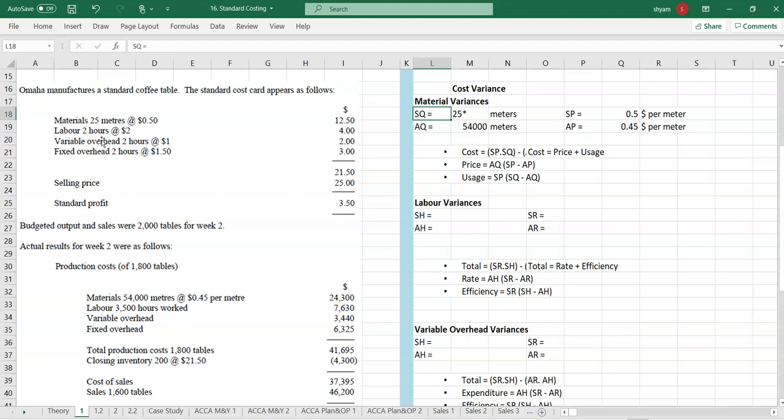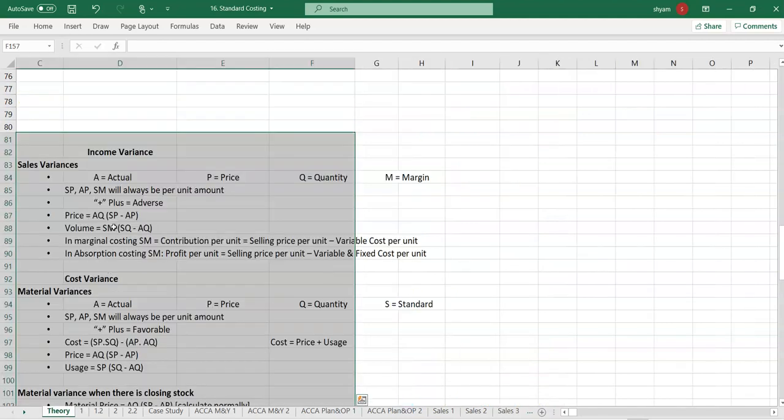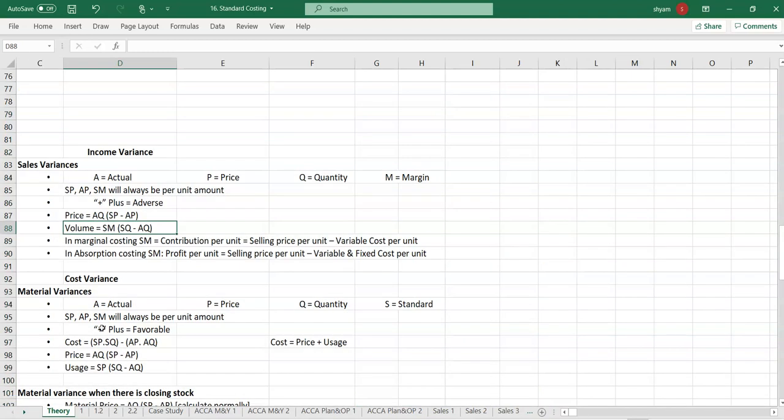You have to multiply the standard per unit into the actual quantity. Then only it becomes the flexible budgeting. So multiply the standard quantity per unit into the total actual products produced, that is 1800 tables. Okay, so I have given this concept here.